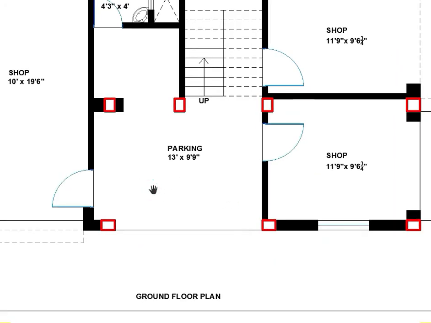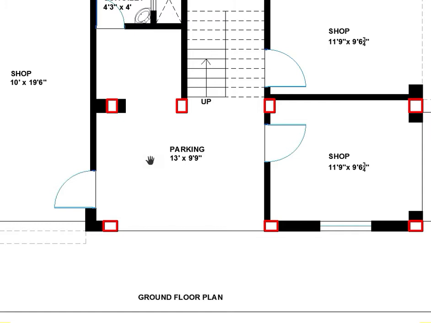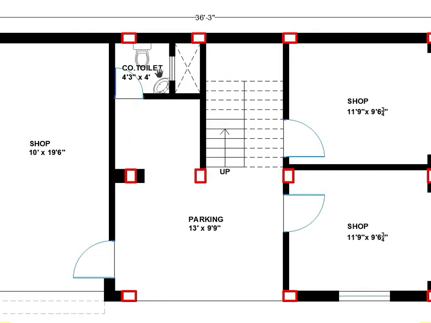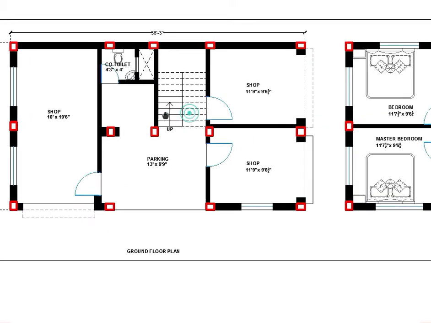Here is the parking portion for two-wheelers or one car, but we are providing it only for the car. And here is the common toilet, which is 4 feet 3 inch by 4 feet. It means horizontally 4 feet 3, and vertically 4 feet. And this one is the OTS through and through to the upper floor level.